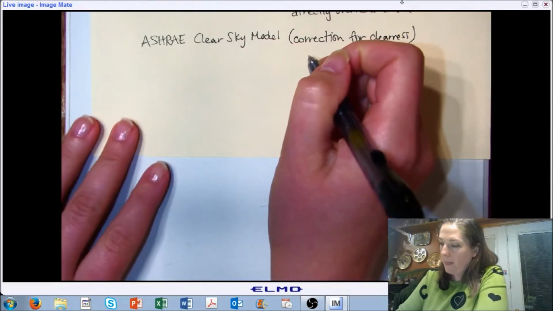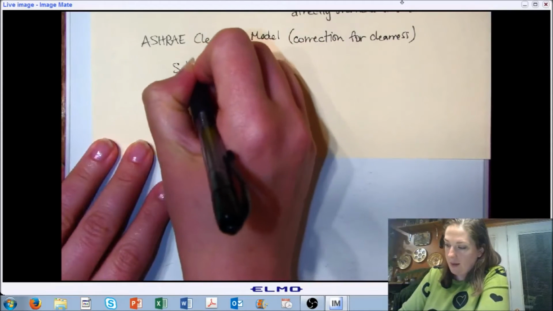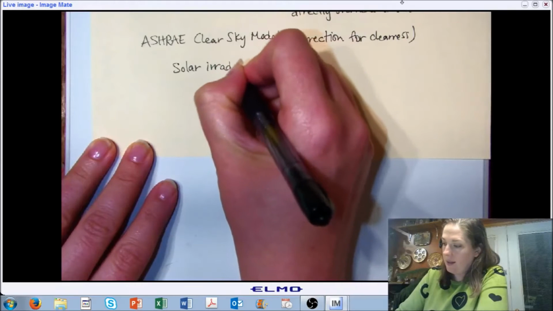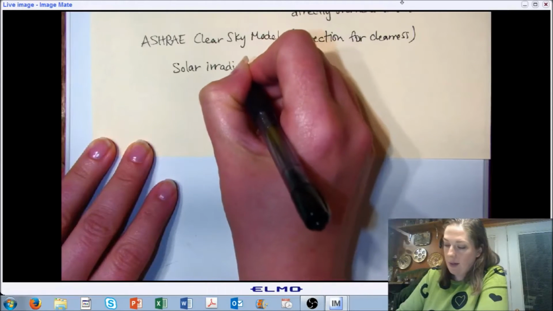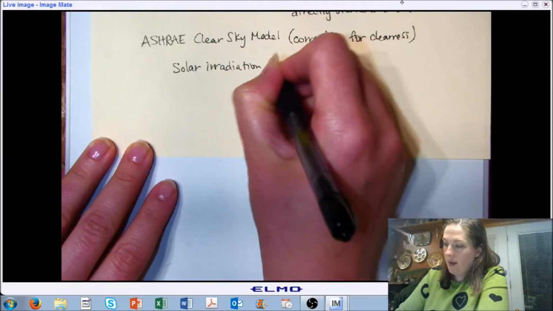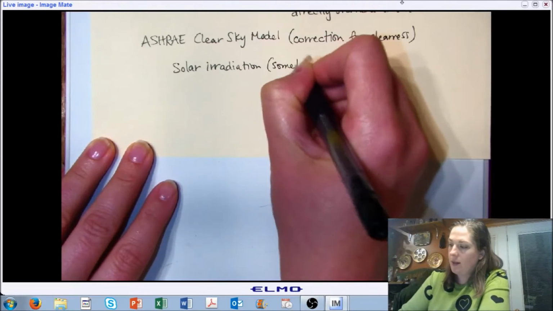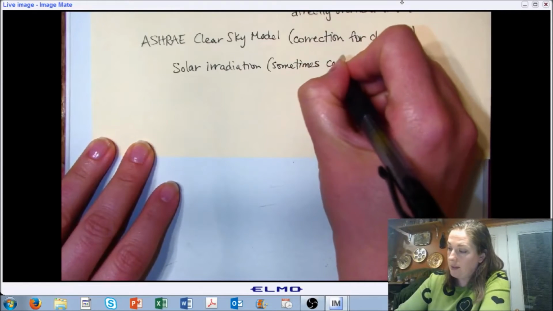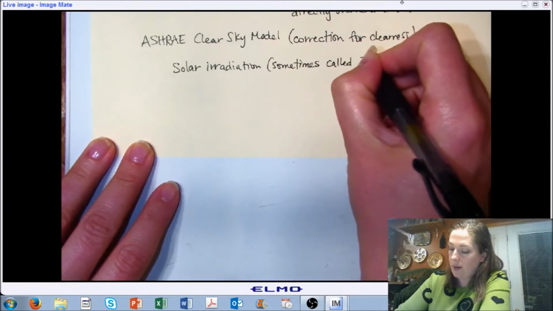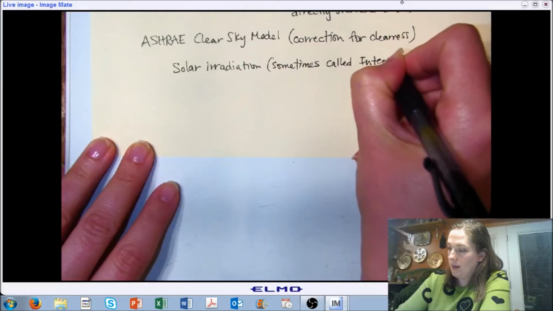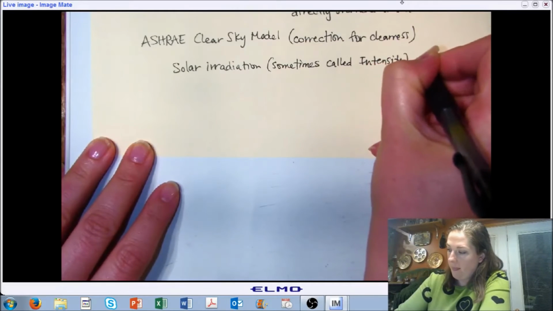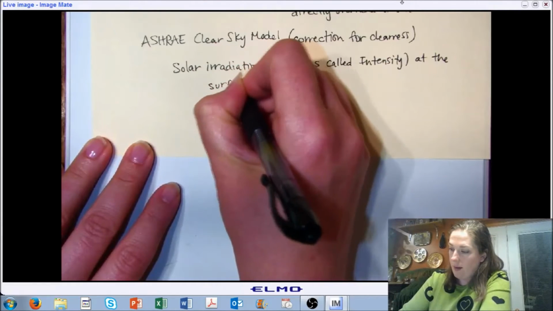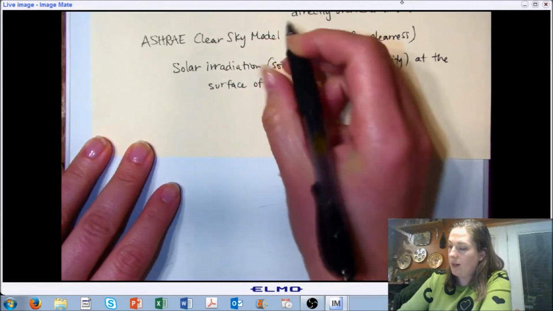It is used to estimate and predict solar irradiation, sometimes called the intensity in the texts and references, so solar irradiation or solar intensity, at the surface of the Earth on a clear day.